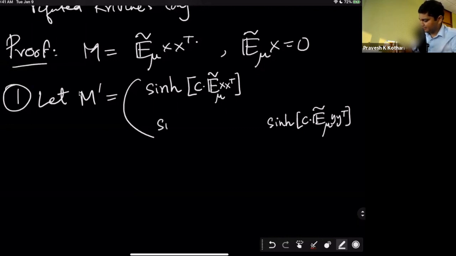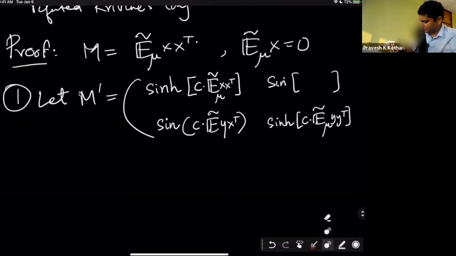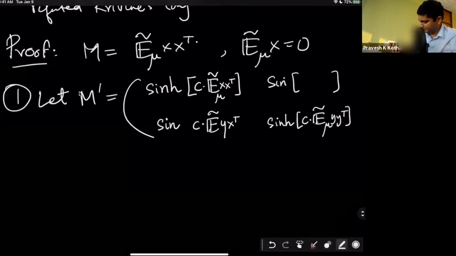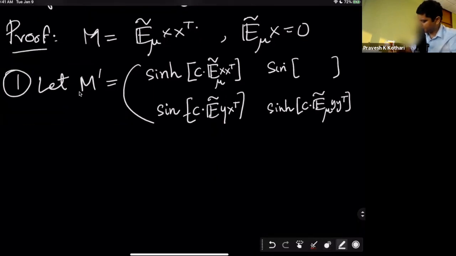And then on the off diagonals, I'm going to have the usual signs. So this is the entry-wise operation that we studied earlier.